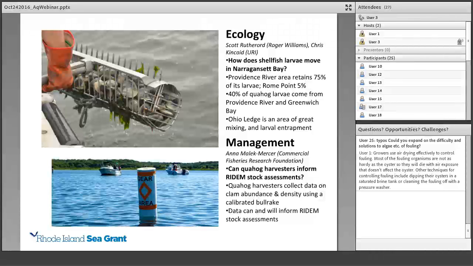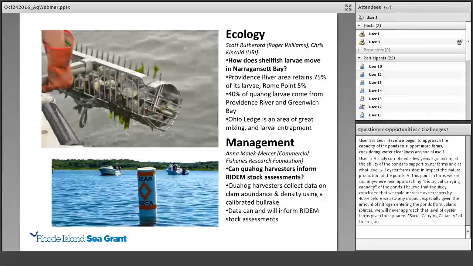Not directly related to aquaculture per se, we have been funding some work by Scott Rutherford over at Roger Williams and Chris Kincaid here at URI to look at how shellfish larvae move around in the bay. It's important from a biological, natural setting to know where the larvae are going. It's also important from a growing perspective, because if part of aquaculture gives the organisms, whether they're clams or oysters, the opportunity to spawn, then those larvae are going to end up going somewhere in the bay.